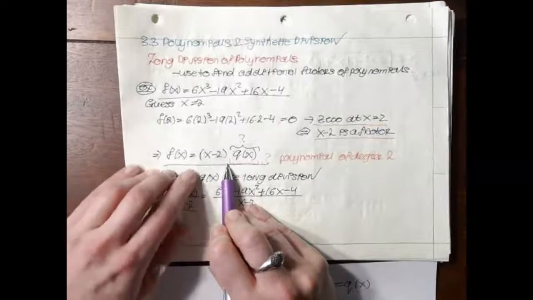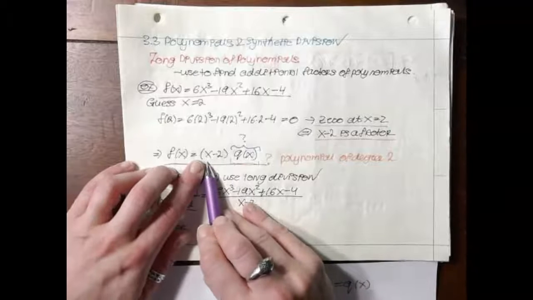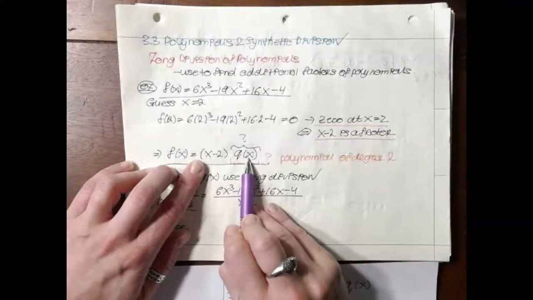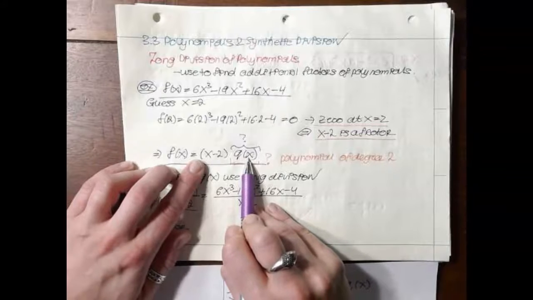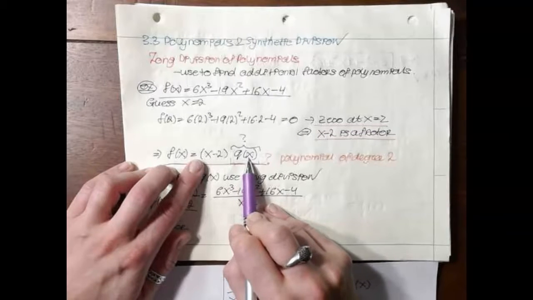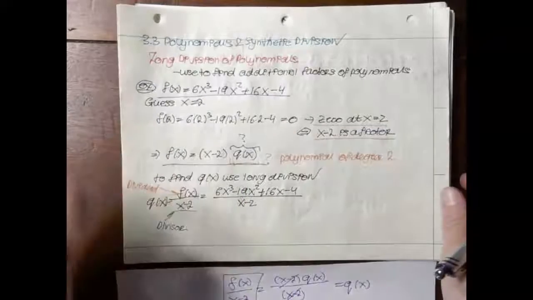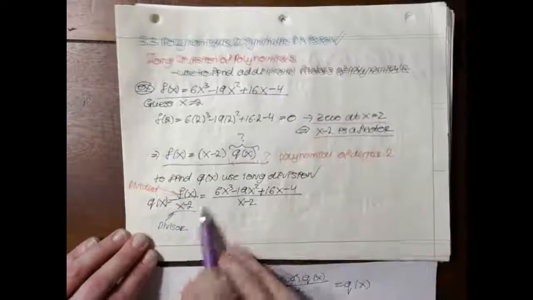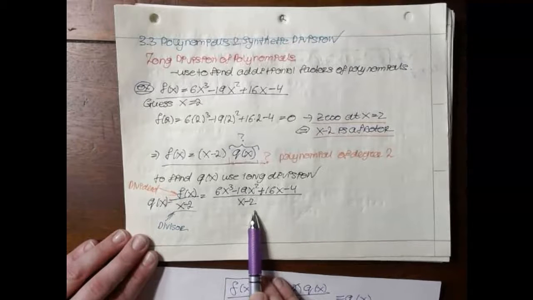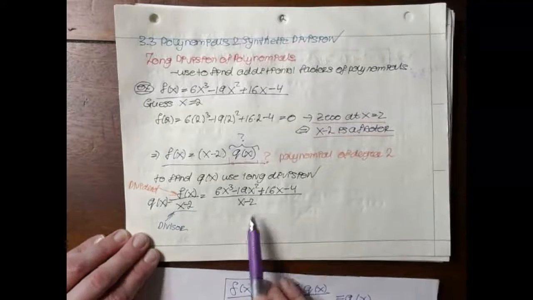To get a polynomial of degree 3, I will have to multiply a polynomial of degree 1 times a polynomial of degree 2. And polynomials of degree 2 are easy to deal with, right? Even if I can't factor it, I can always just find zeros by using the quadratic formula. So let's do this. Basically, we need to figure out how to divide this third order polynomial by this first order polynomial.